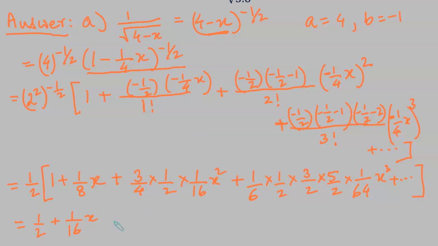So it is plus 3 over 256 times 2. No, I have taken the 2, sorry. So it is 3 over 256 x square, plus the numerator is 15. And can we cancel something? Yes, we can. So these two get cancelled. So the numerator will be 5.